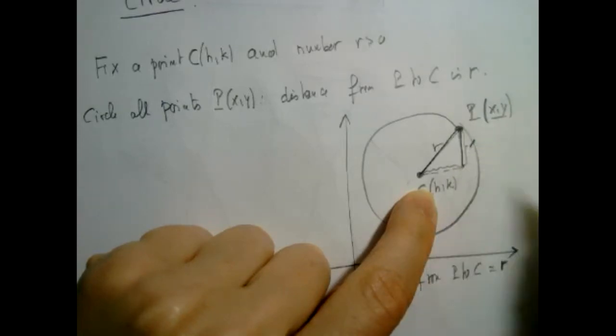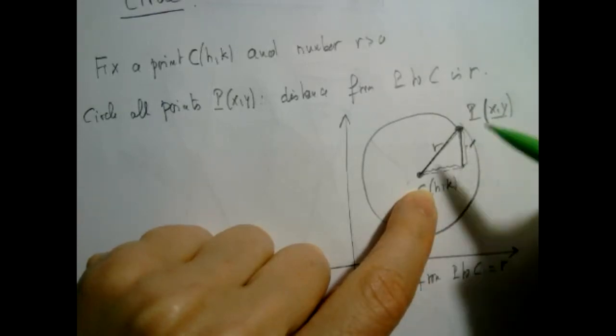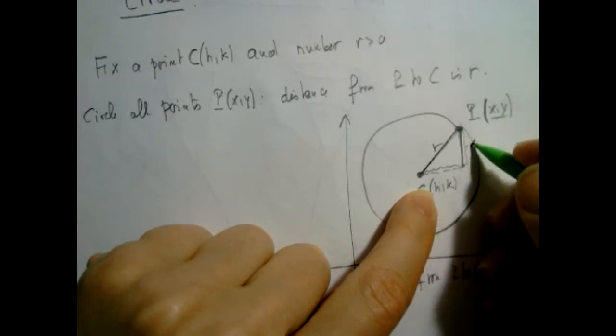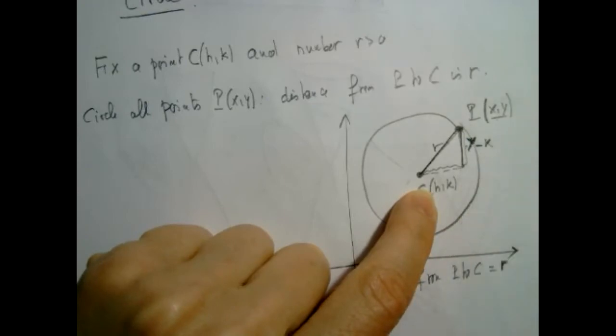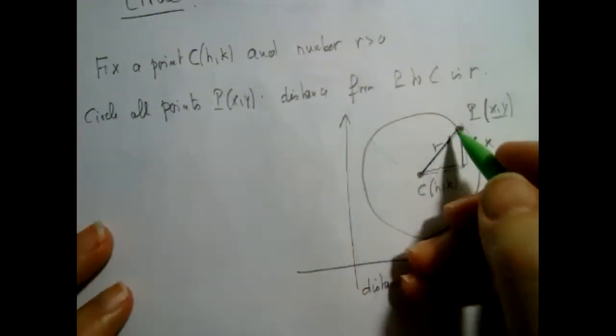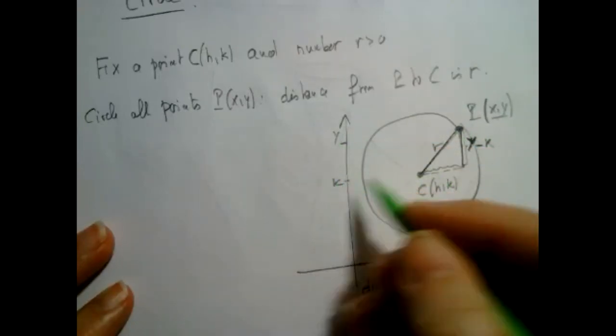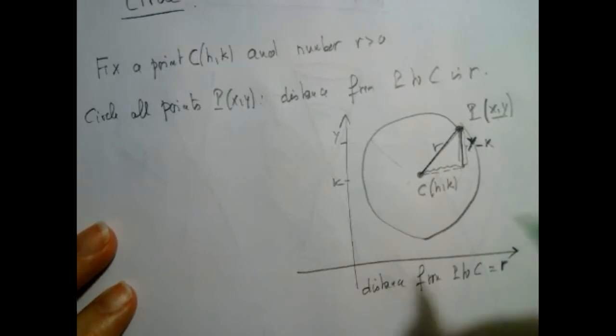Exactly, it's x minus, no, sorry, the vertical one, not the horizontal. y minus k. This is y minus k, the change in y if you want. If you look at the picture, this is the y and this is the k. So this is y minus k. And now how much do we have from here to here?